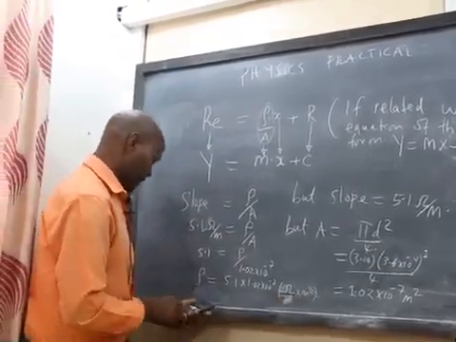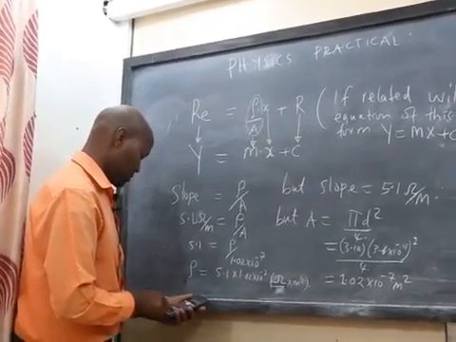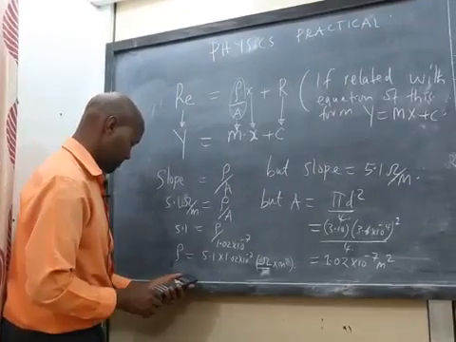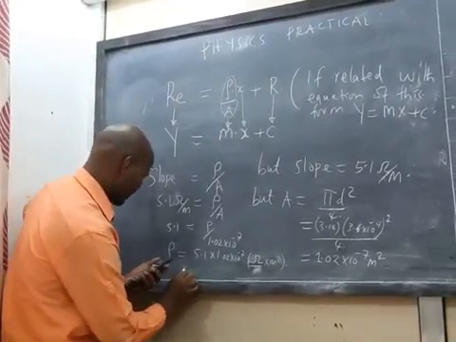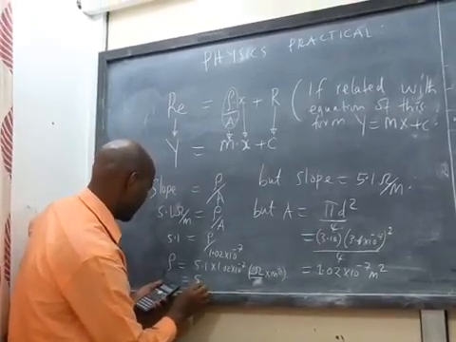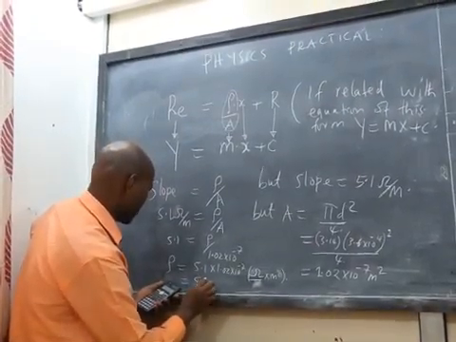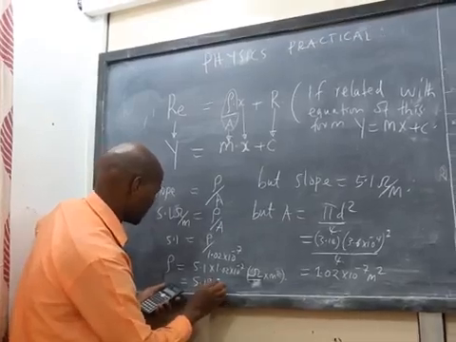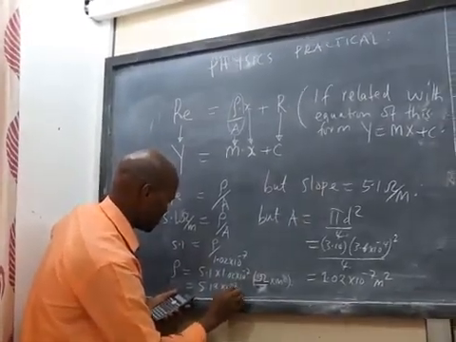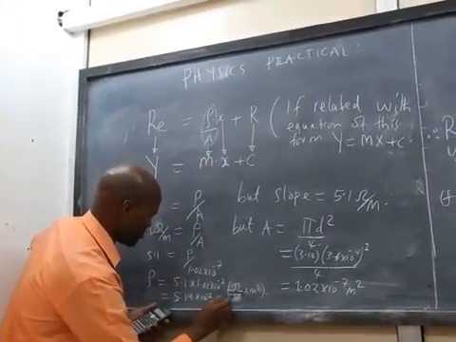If you multiply, you get something like 5.19 times 10 power minus 7 ohm meter.